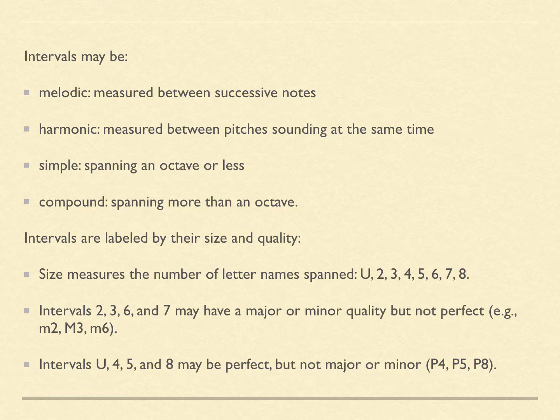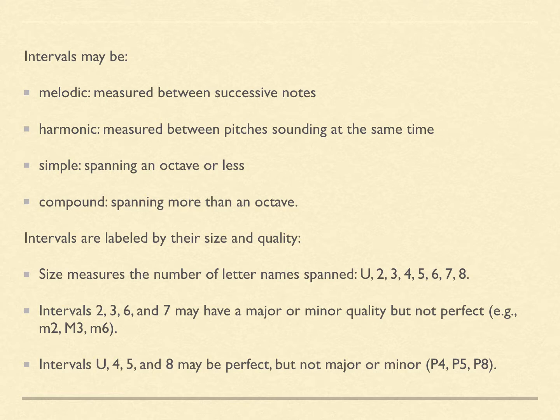Within what we call a diatonic framework, that is, if it fits in the scale, from do to fa is going to be a perfect fourth, do to sol is going to be a perfect fifth, and do to high do is going to be a perfect octave. That isn't to say that you can't find a tritone in the scale, because of course you can.